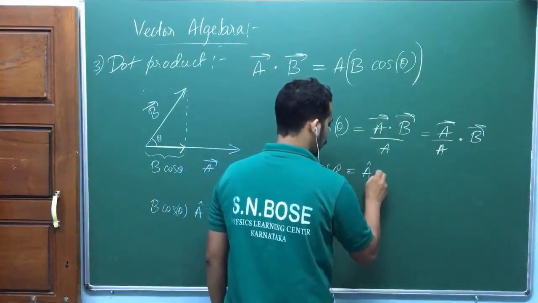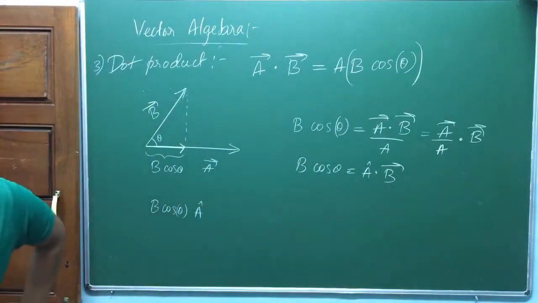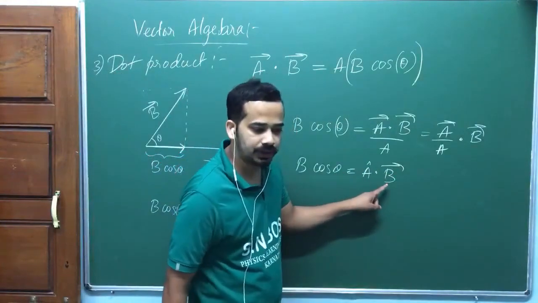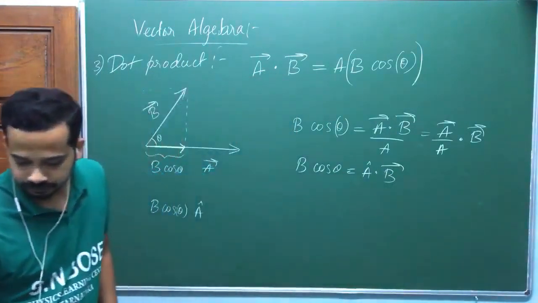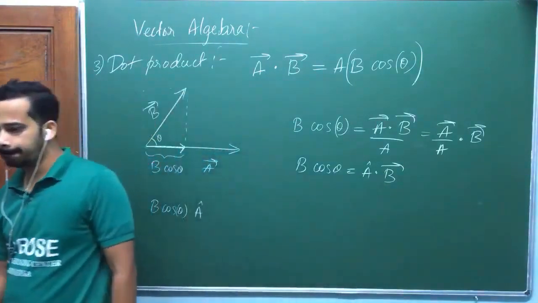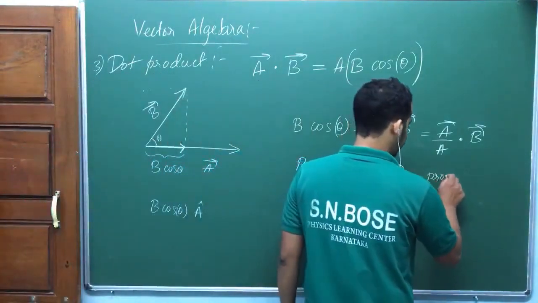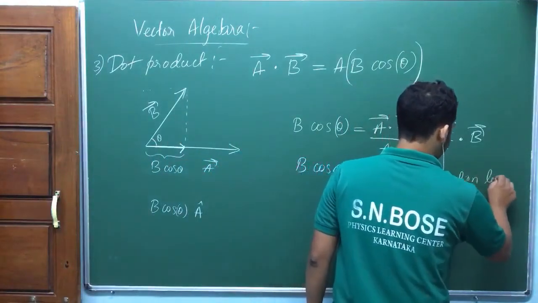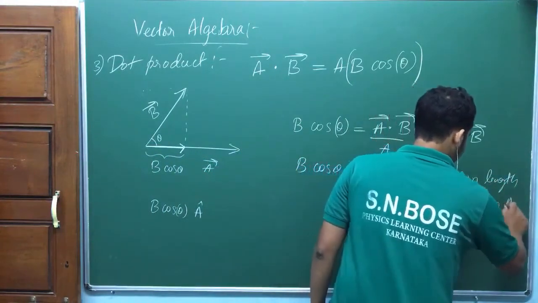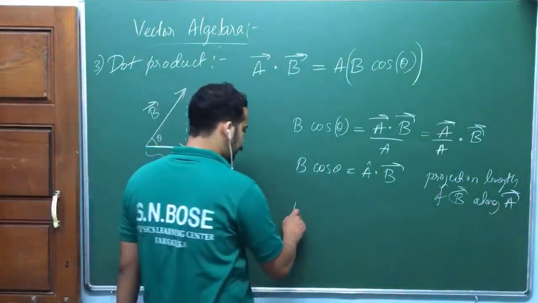This is equal to A cap dot B. I will call this the projection length of B along A, or projection of B along A.